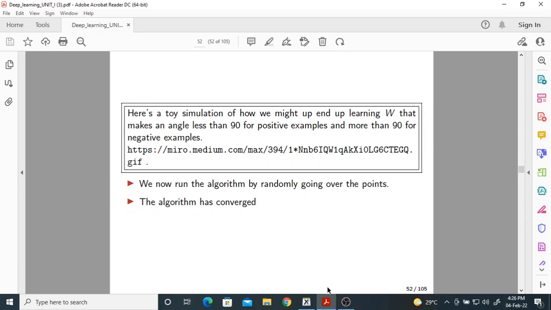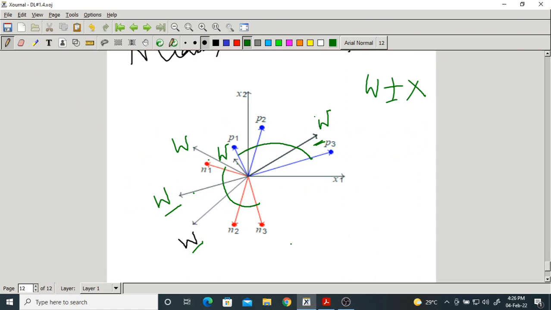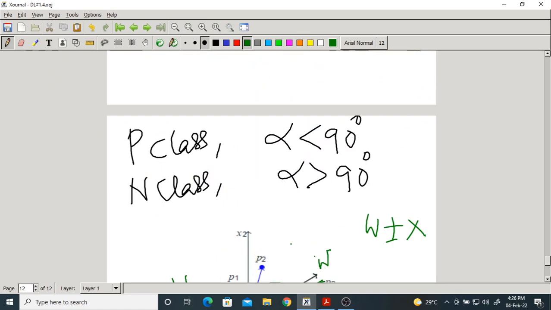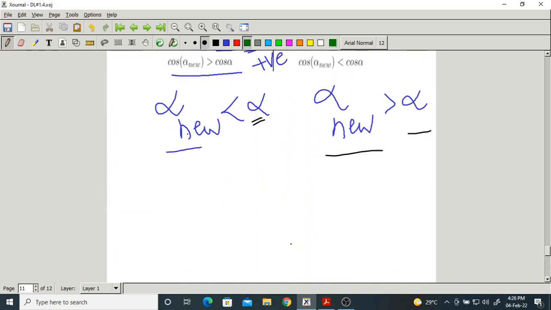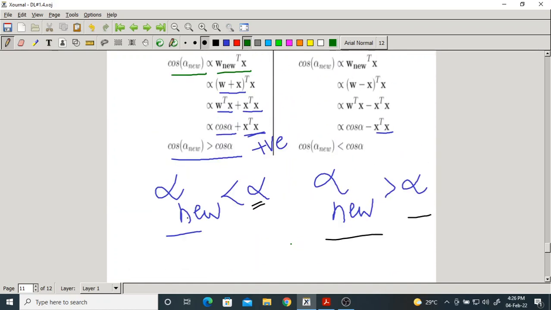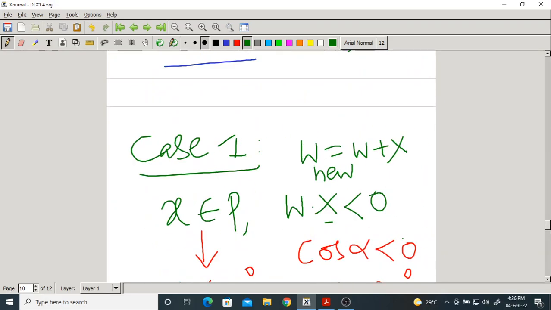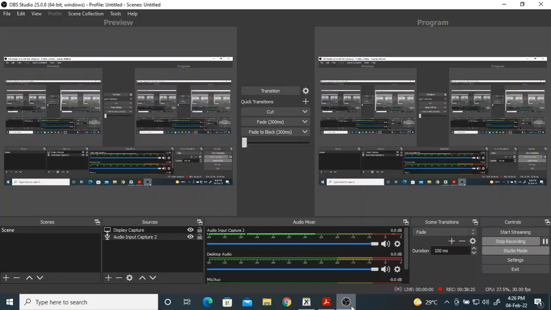This is about how the Perceptron learning algorithm works. Please remember it is updating its values, that is W values, based upon the errors. So this is how we are dealing with the angles here. Geometrically we are dealing with angles. So we stop here.